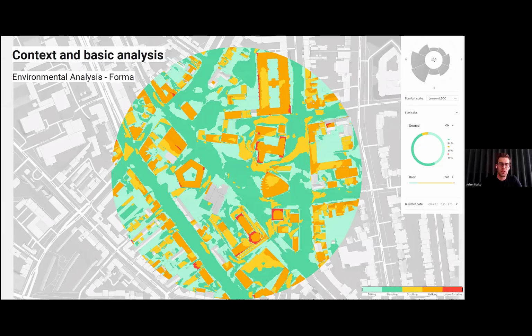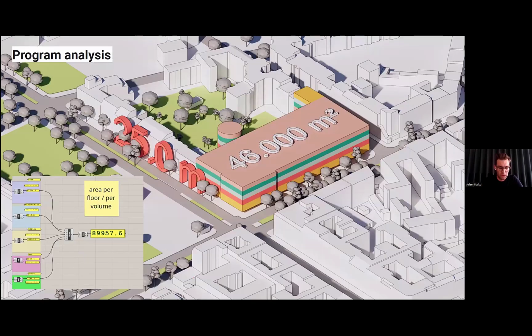So this is where we start, just to get the basic conditions and to see how the light goes, how the wind accelerates and stuff like that. Then we go into more of the program analysis, the site analysis, where we try to figure out how big the building is that we're actually trying to build here, what the brief stipulates, how high the buildings are, what the relation between them is.